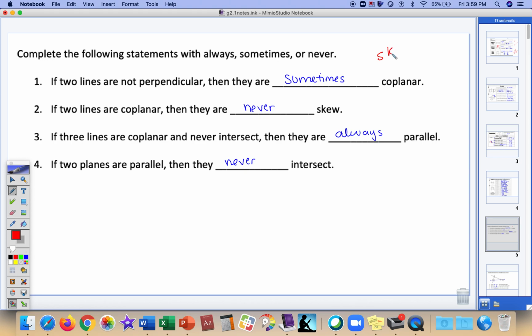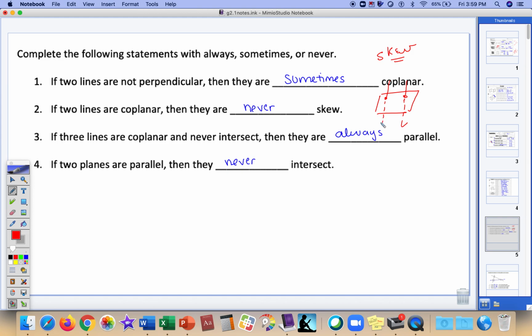Skew is always the tricky one, all right? You often have to think about skew because that's not always the situation that comes to mind. If two lines are coplanar, if two lines are on the same plane, then they can never be skew. You might think of a picture where I have a line going through this plane, and then another line going through this plane.